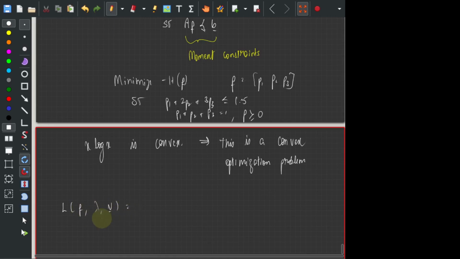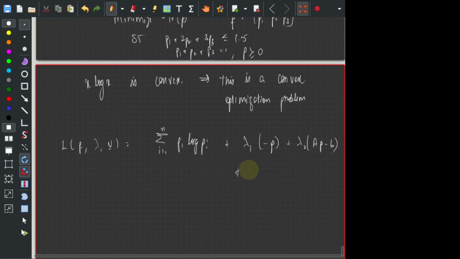L equals sum of pi log pi plus lambda 1 times minus p, I have a non-negativity constraint, plus lambda 2 times, say, generally, this is going to be Ap minus b, plus nu times p1 plus p2 plus p3 minus 1.